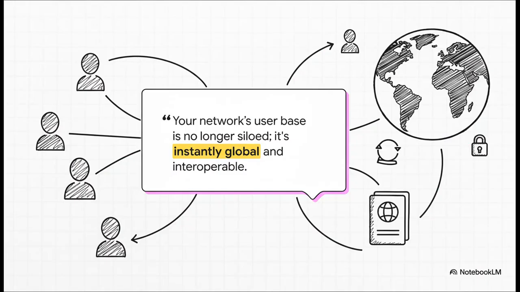This quote really nails the most powerful advantage here. Just imagine you're launching a new social app today. What's your biggest hurdle? It's finding users, right? But with UIID, anyone out there who already has this digital passport can instantly join your network. Your platform is no longer this isolated island. It's connected to a global identity layer from the moment you launch.